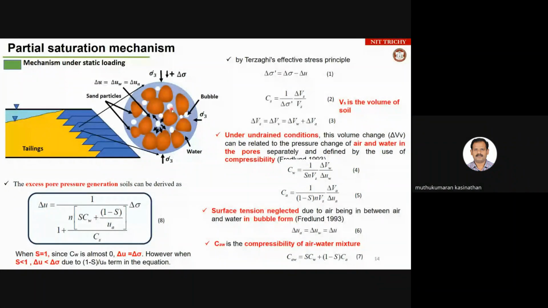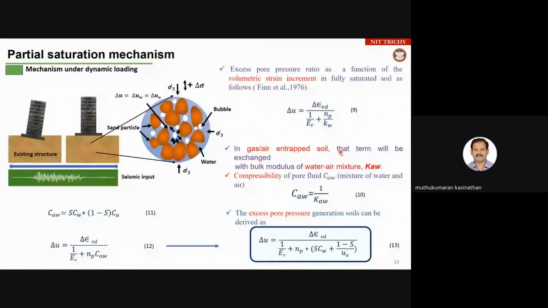So this is basically the theoretical background, explained in terms of index properties and compressibility, with respect to the influence of the accumulated air bubble on the system.